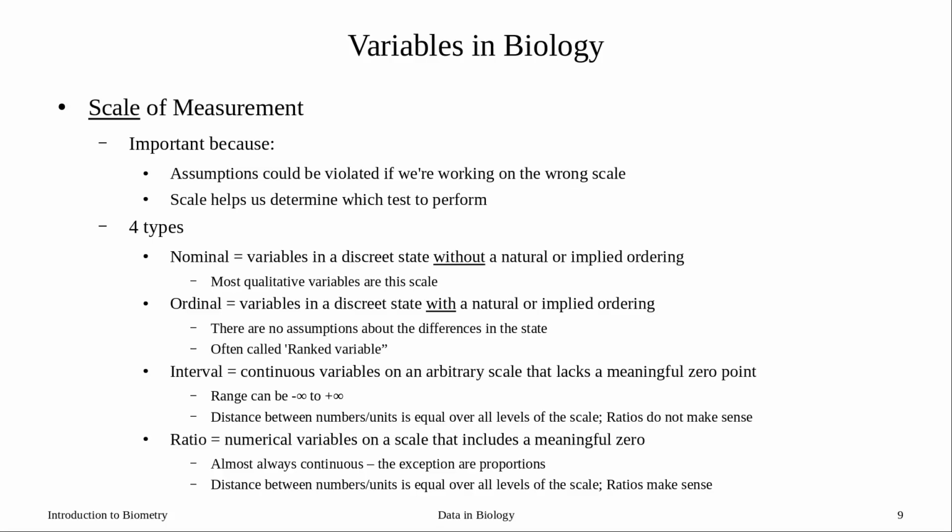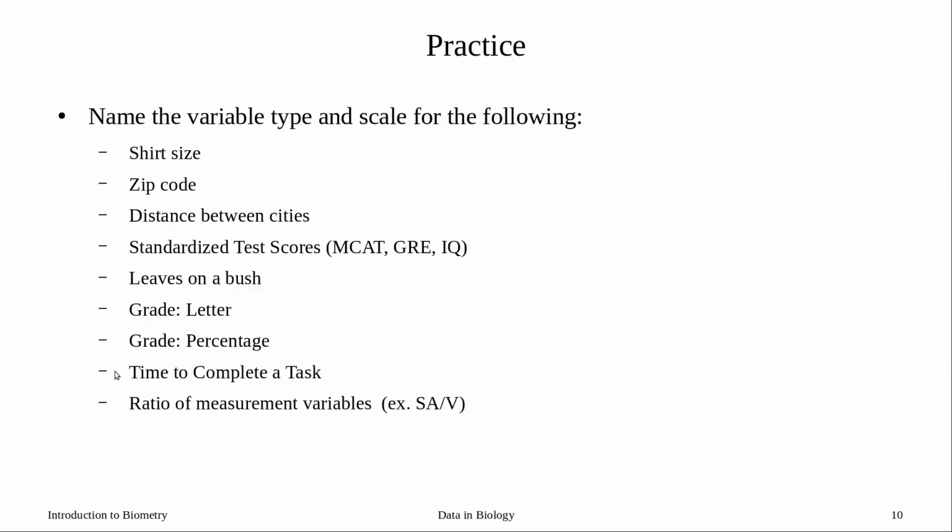But what if we go from negative 5 to 0 degrees? We really can't say it's twice as warm. So the ratio doesn't make sense. Is it really a big deal between interval and ratio? Not really.